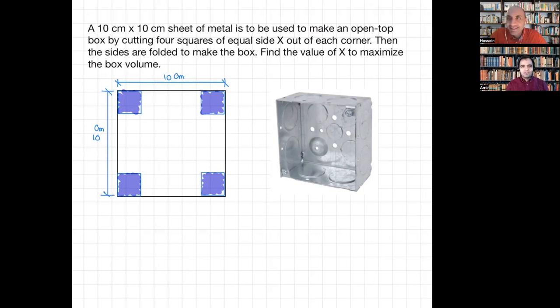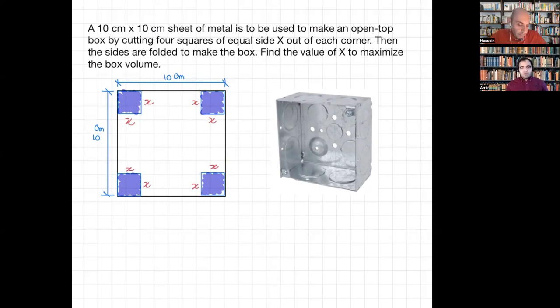Very good. So let me read the problem for you. We have a 10 centimeter by 10 centimeter sheet of metal, which is to be used to make an open top box by cutting 4 squares of equal side x out of each corner. So as you can see in the sketch below, you have a square 10 by 10 metal sheet, and you are gonna cut 4 equal squares out of each corner.